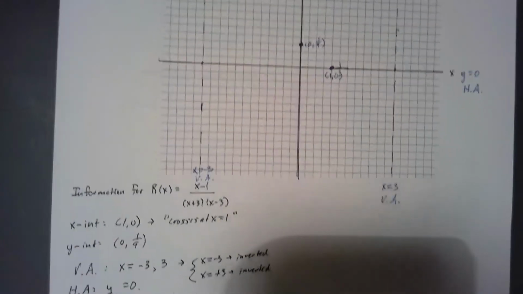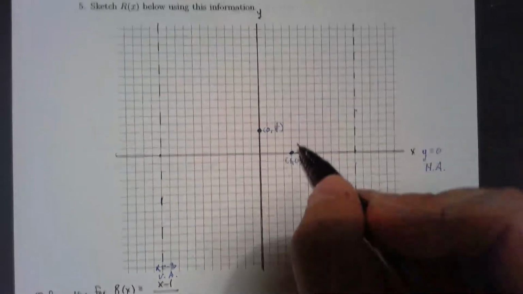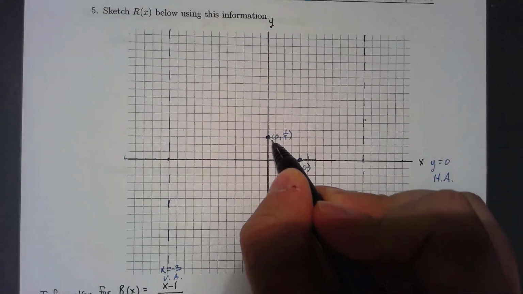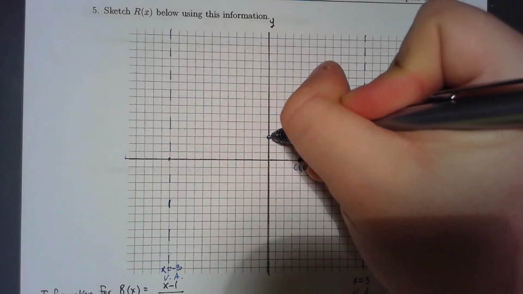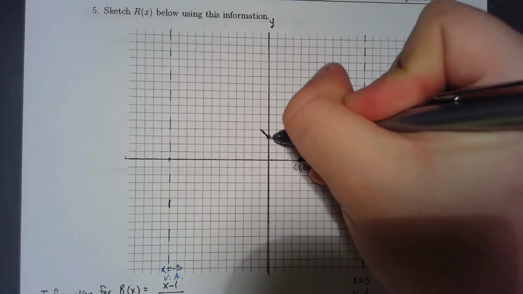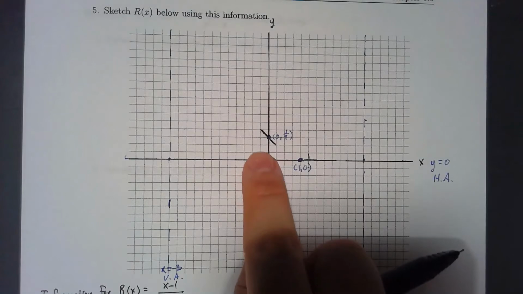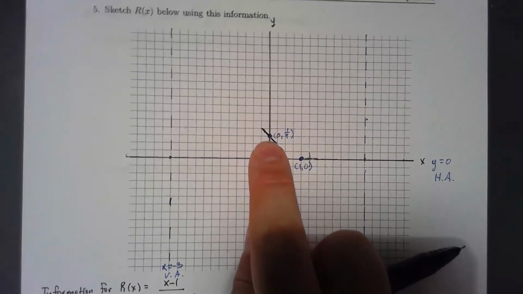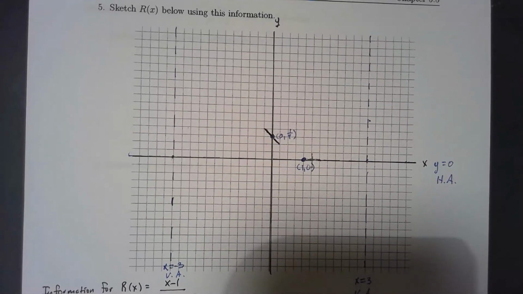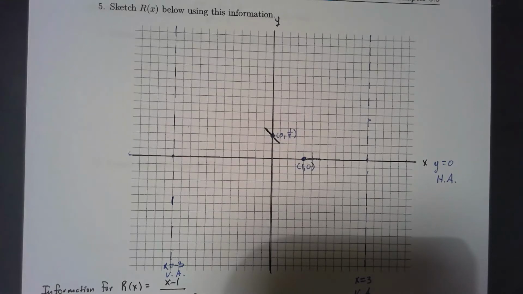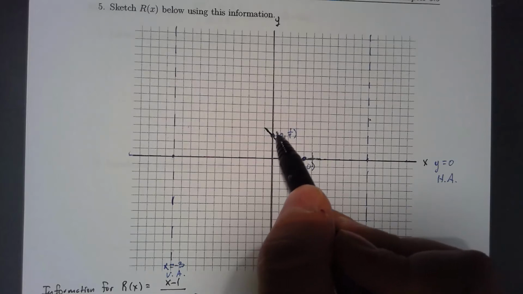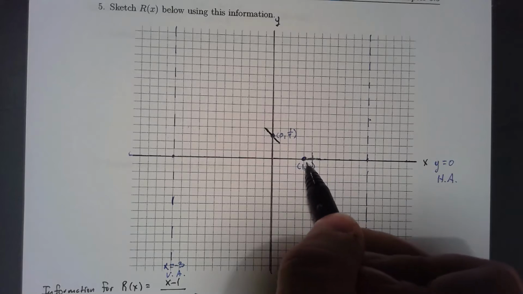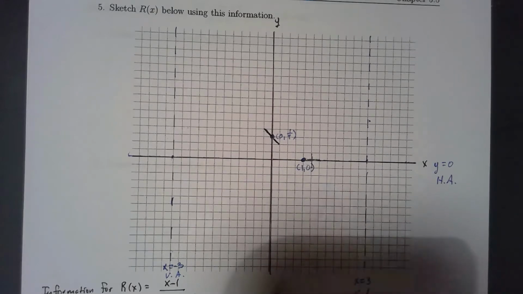I know my graph is always going to cross the y-intercept. So I can extend by going this way and this way, because I know it's going to cross that. Now you're probably wondering, why don't I do it the other way? Well, because if I were to do that, I would have to come down to cross this point right here.